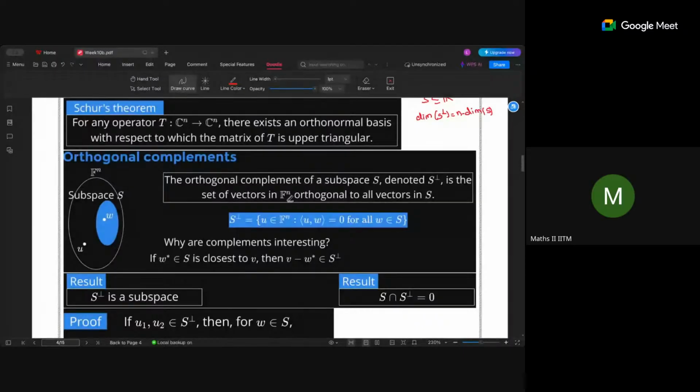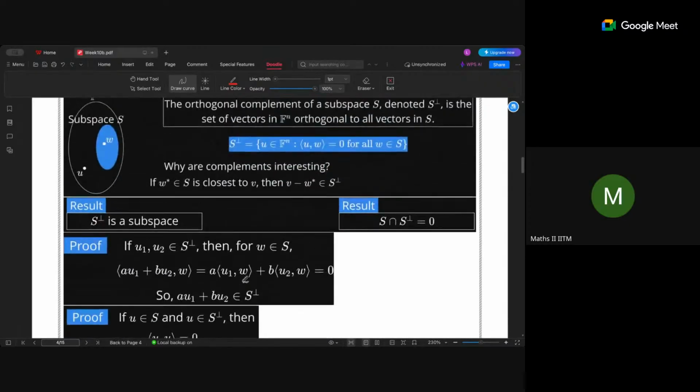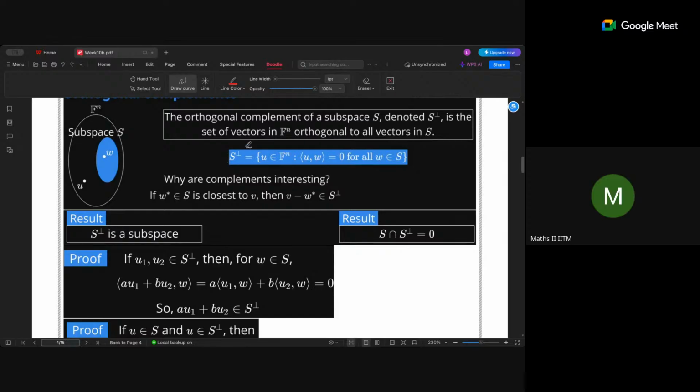Now what is the advantage or purpose of having an orthogonal complement? Before looking at the answer, let's look at some properties of this orthogonal complement.